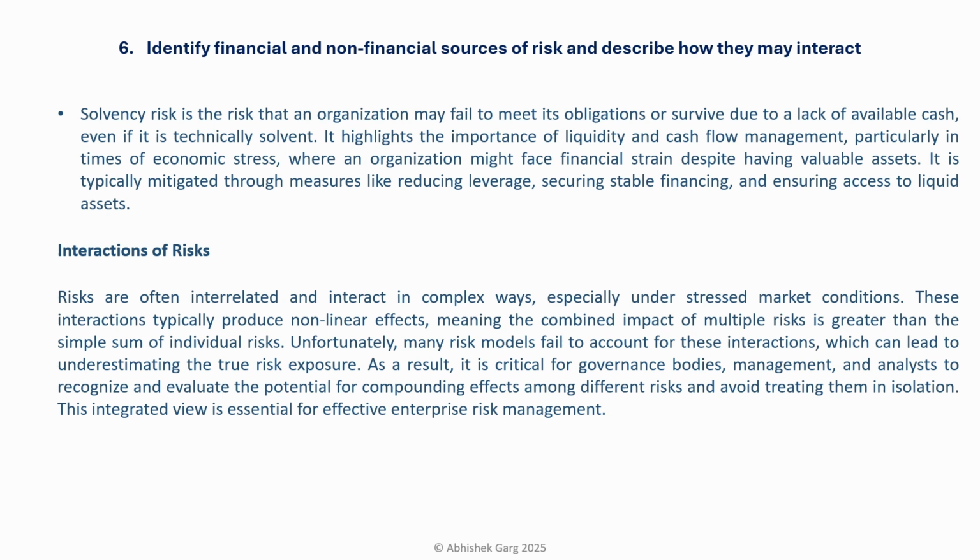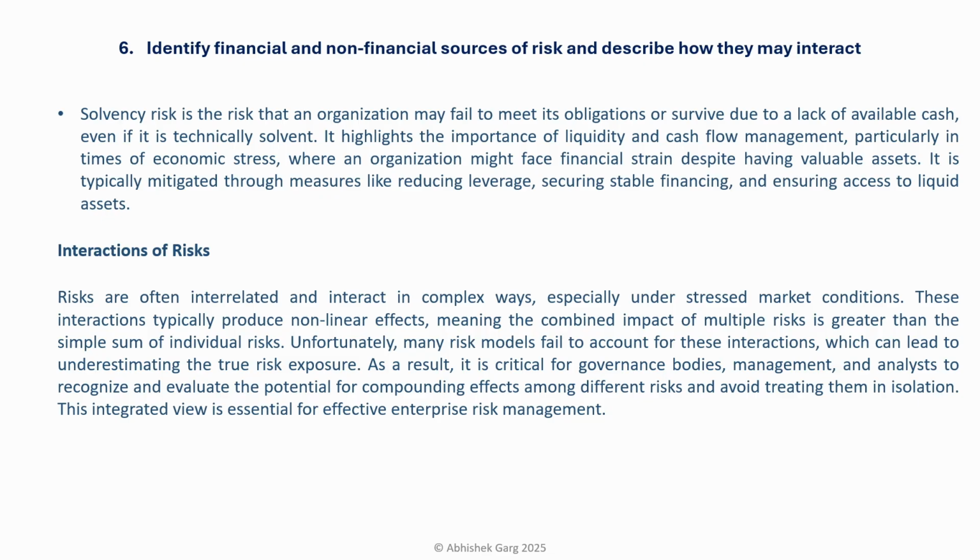In that case, both the risks will interact with each other, and it will not be a linear addition of both the risks. That means the total risk will not be 10%, it would be more than 10%, because when the market is falling, we cannot say that the counterparty risk will be just 5%. The counterparty risk can increase to 8 or 10% in that case.